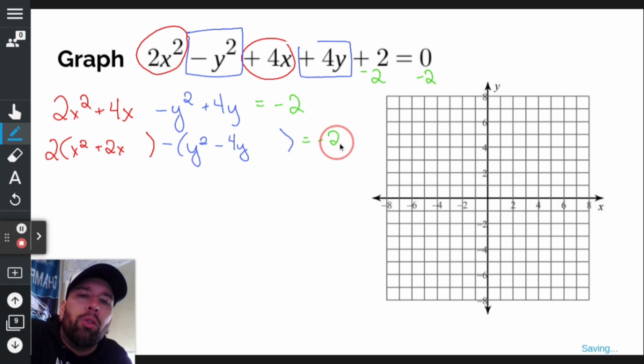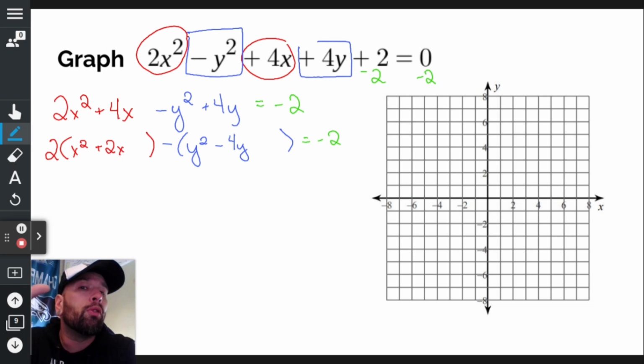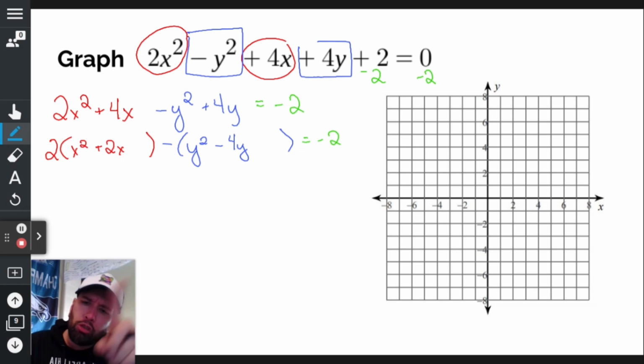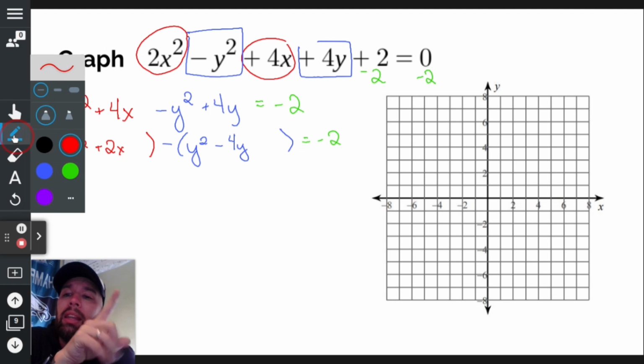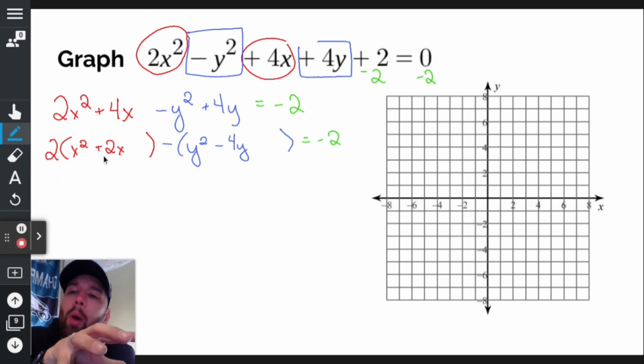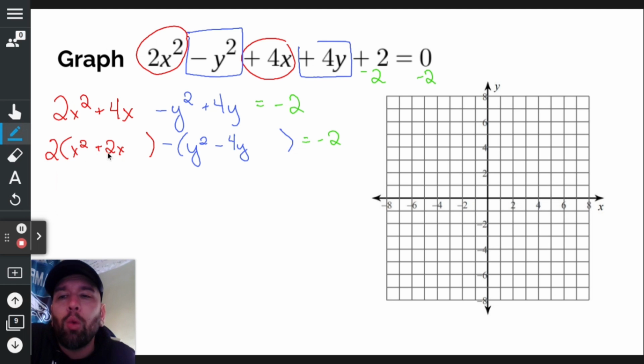Equals negative 2. Now, what conic sections look like in standard form is something squared over something, something squared over something. Well, I don't have that, but this is what I can do. I can use a thing called completing the square to make this a square, and this is how completing the square is done.